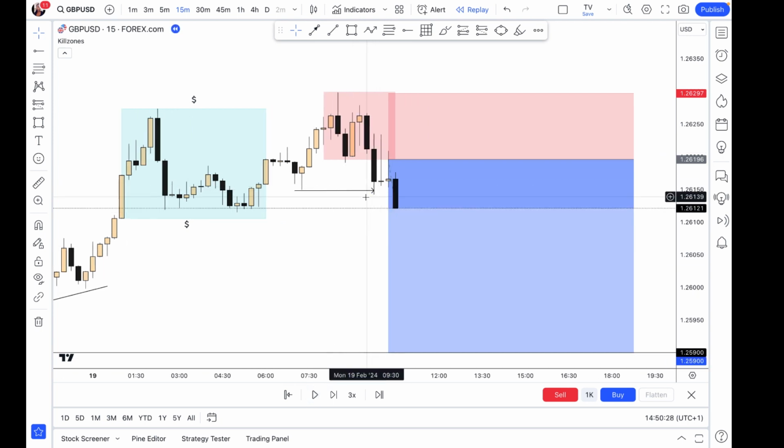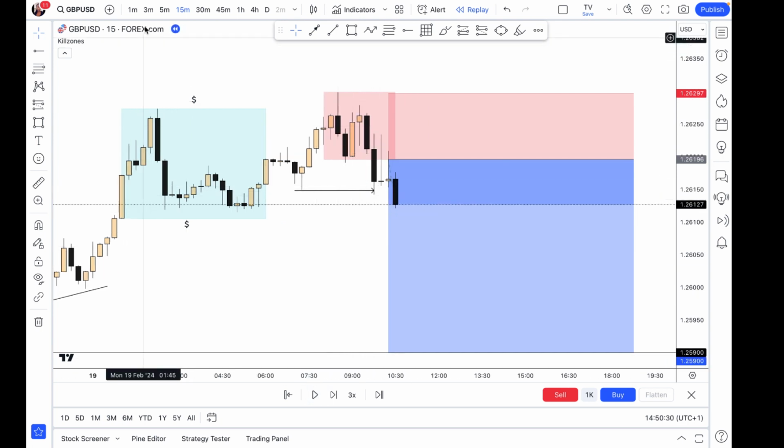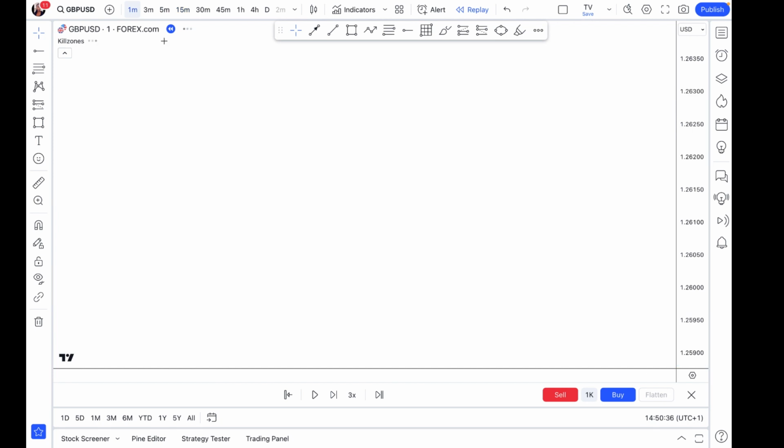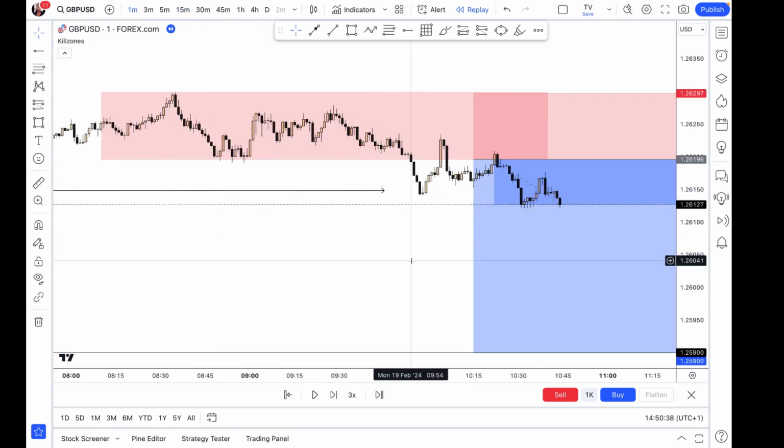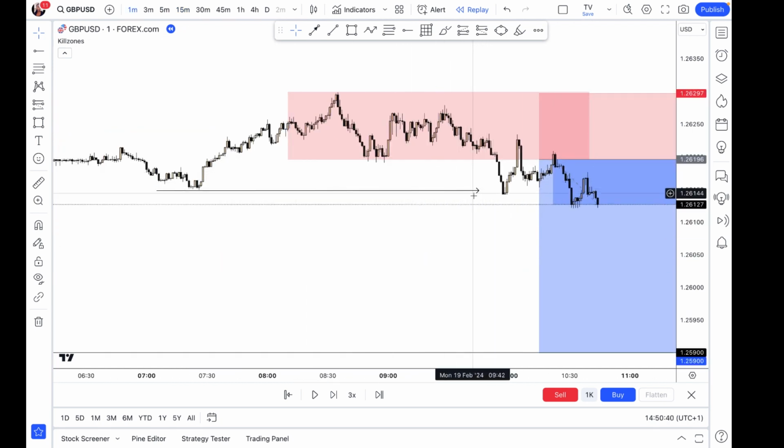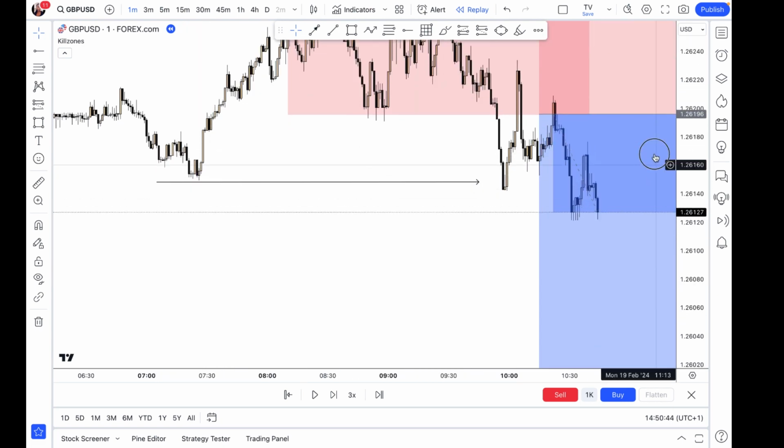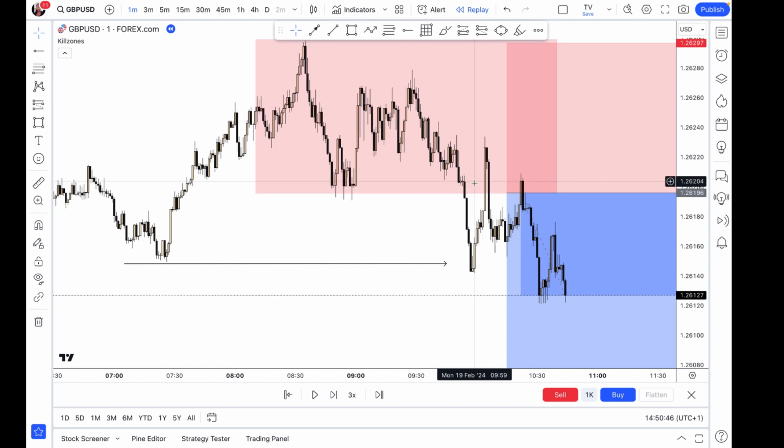You can see we have that break of structure right there, and if I should go down to the 1 minute time frame, you can see that when market broke below this low right here, markets came back to fill this supply level that we have right here.